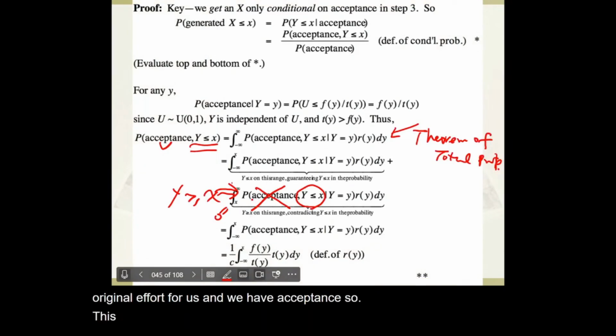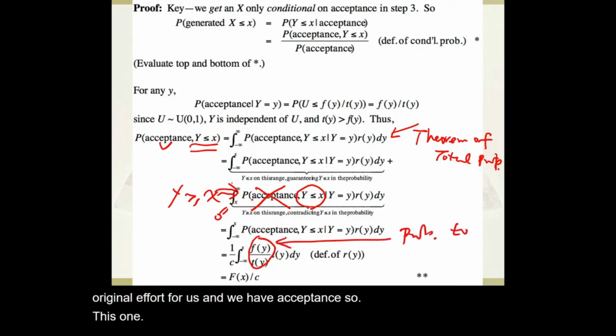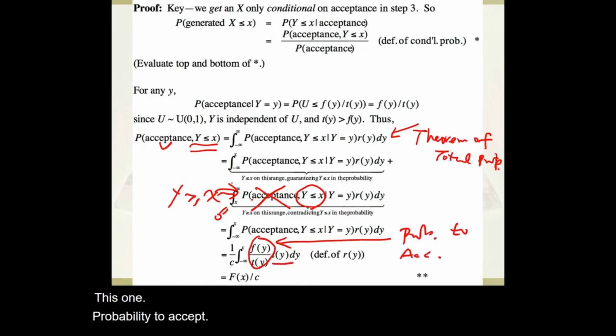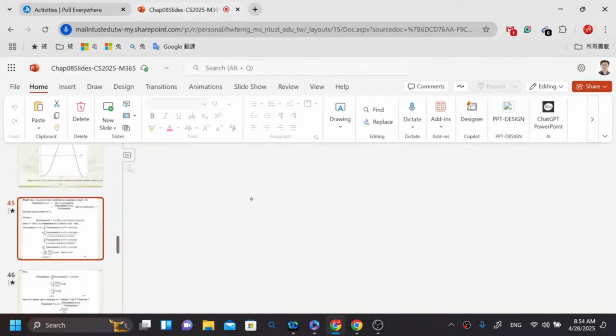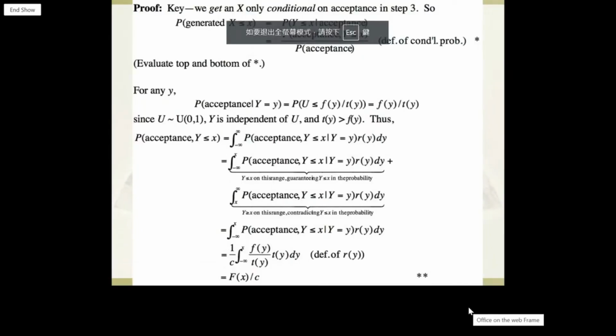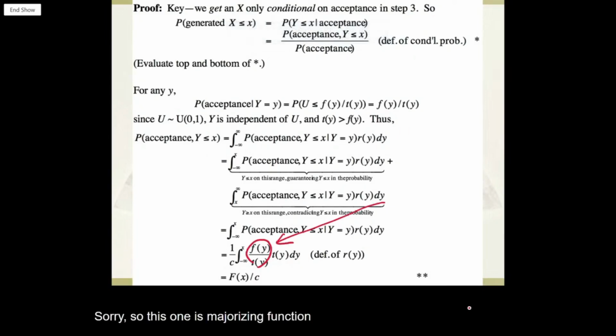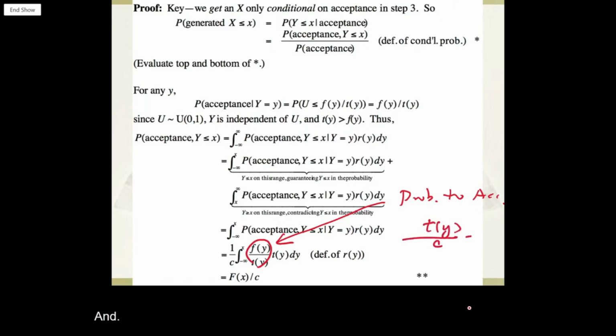This one is the probability to accept, and this one is over C. The T over C is R of Y. So based on this, R of Y actually is T of Y over C, and the acceptance actually is F of Y.